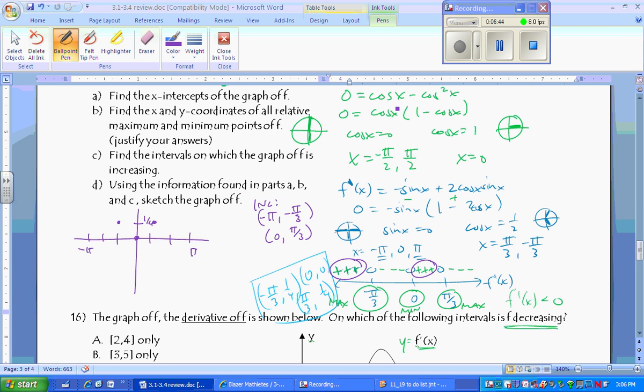So if we put those into the original function, cosine of negative pi is negative 1 minus cosine squared, so negative 1 squared is 1. So negative 1 minus 1, we have a point at negative 2. Same thing if we put in pi, they're coterminal, so it's going to end up in the same spot. So our graph is increasing until we get to pi over 3, then decreasing, increasing, and decreasing.